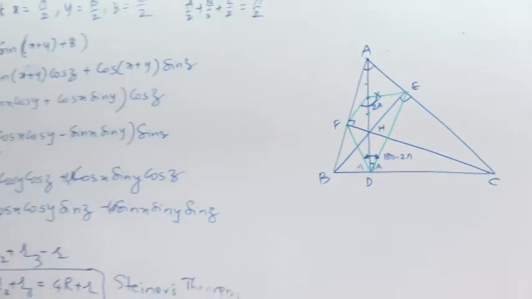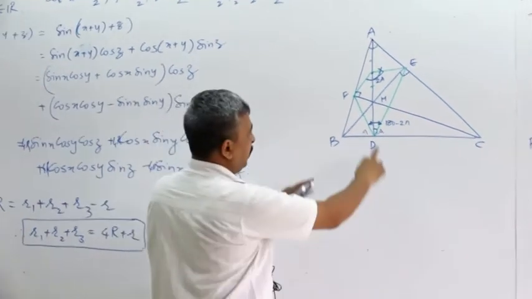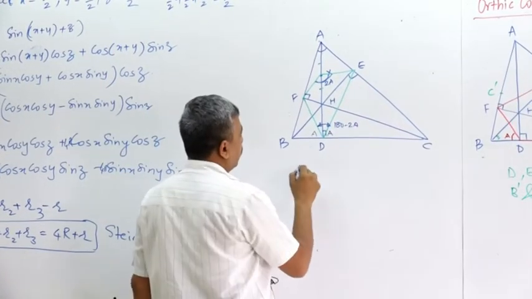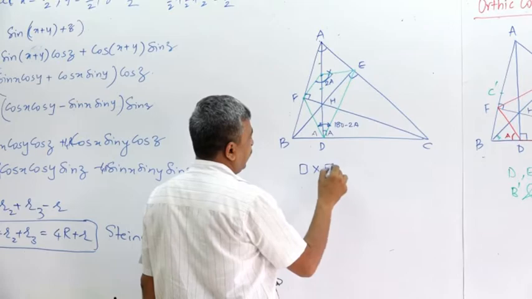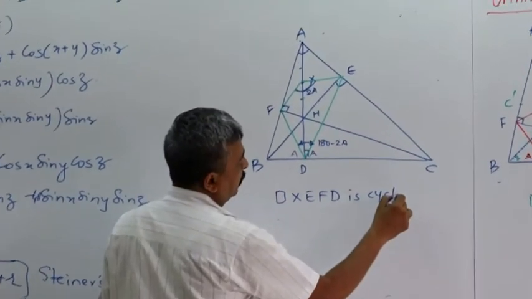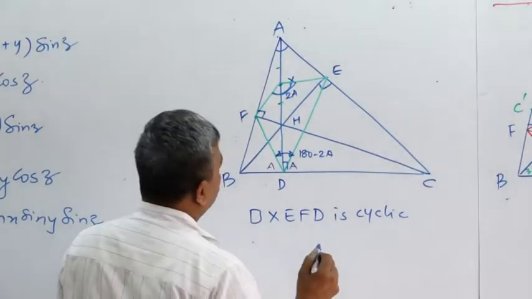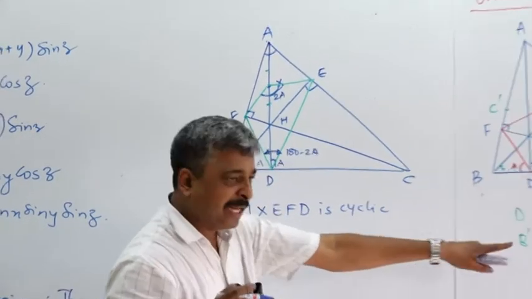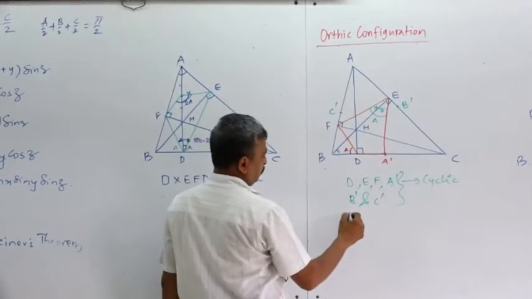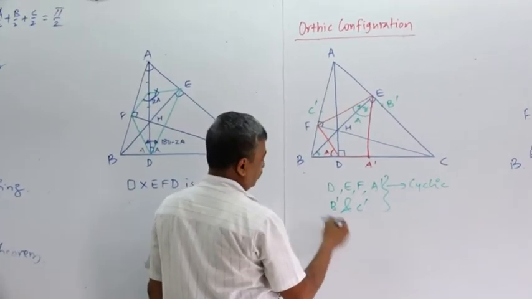Opposite angles are adding up to 180. 180 minus 2A plus 2A is 180. Therefore, quadrilateral XEFD is cyclic. So, DEF, A dash, B dash, C dash, and now X is also joining the party.